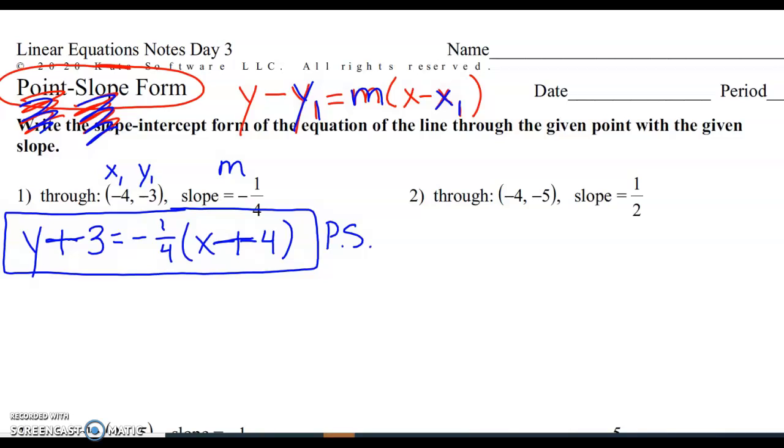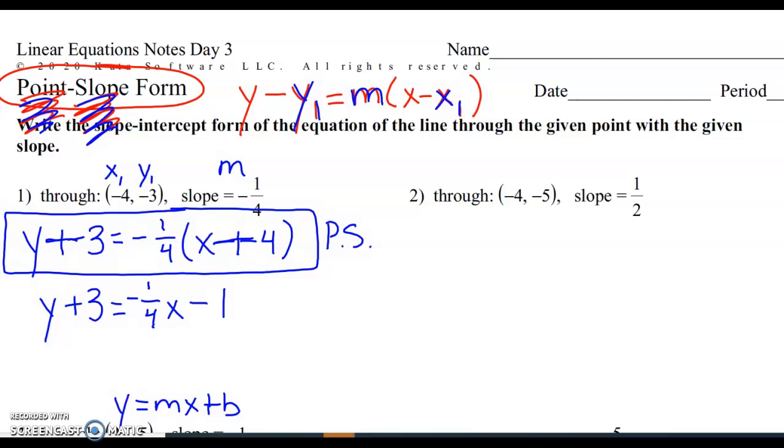So now if we want to take that point slope form down to slope intercept form, y equals mx plus b, it only takes us 2 steps. The first step would be to distribute. So we have y plus 3 equals -1/4 times x is -1/4 x. -1/4 times 4 is -1.